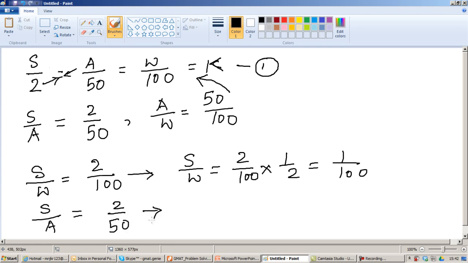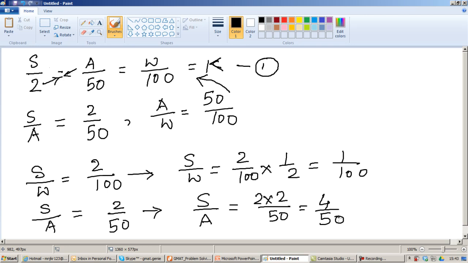This gets double. So the new ratio of soap to alcohol becomes 2 times 2 upon 50, which is 4 upon 50, right? Now we see that the new ratio of soap to water has become 1 upon 100, and soap to alcohol has become 4 upon 50.